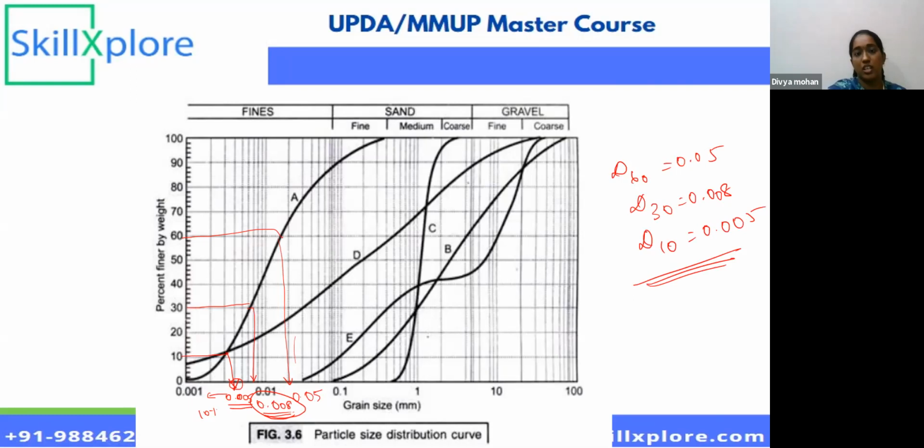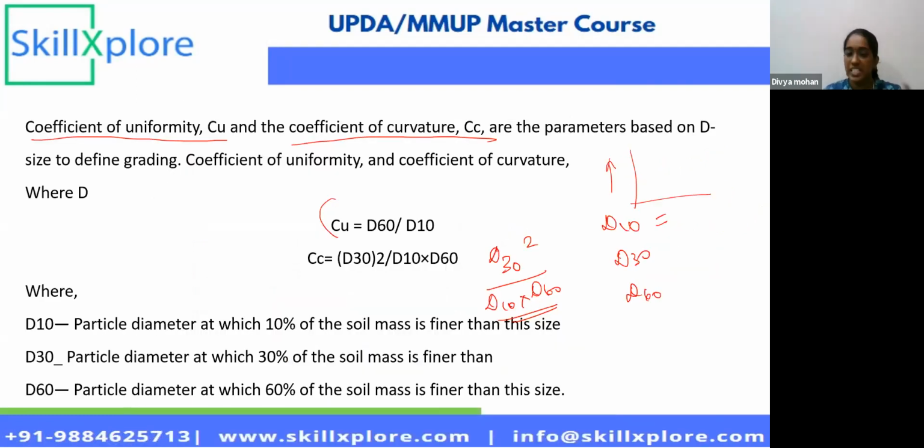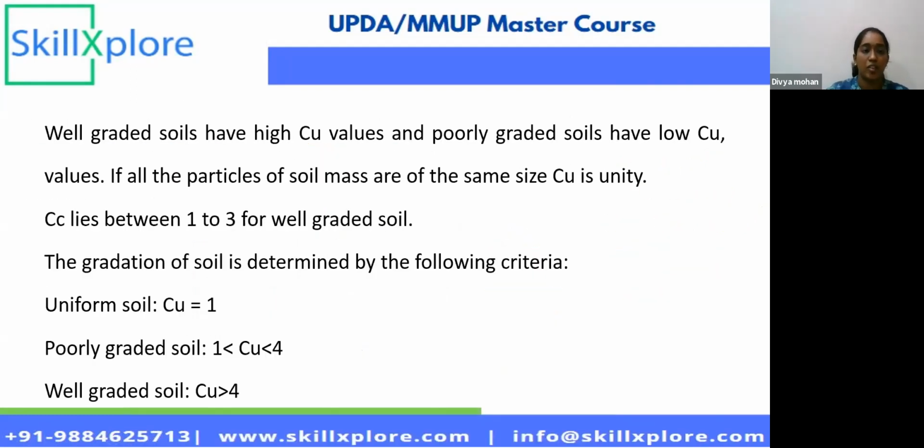While substituting these values, we'll get CU and CC. The CU value will be very high for well-graded soil, and very low for poorly graded soil. For well-graded soil, CC value will range from 1 to 3.